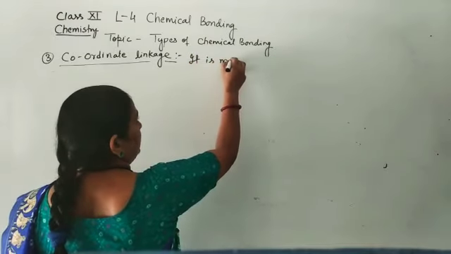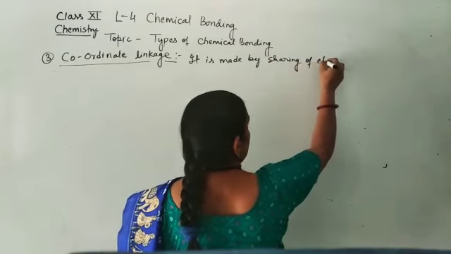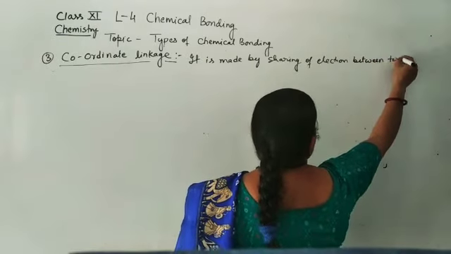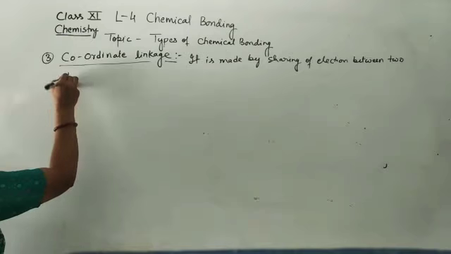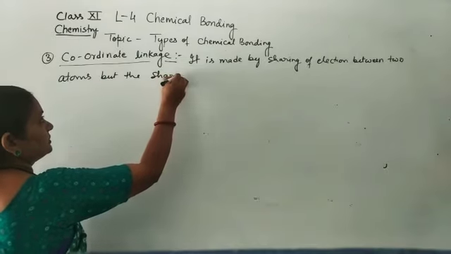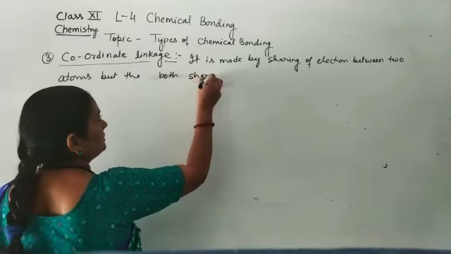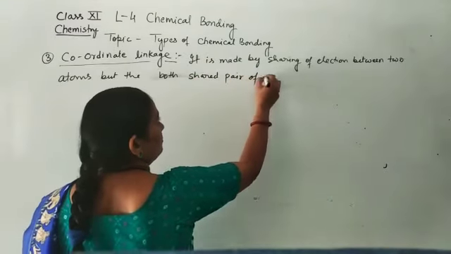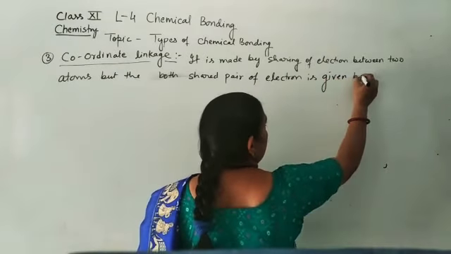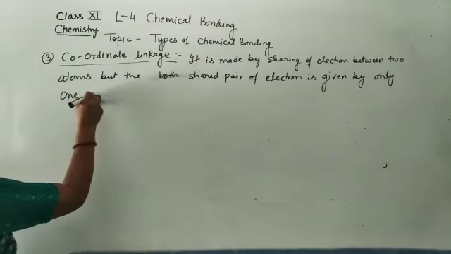It is made by sharing of electrons between two atoms, but the shared pair of electrons is given by only one atom.